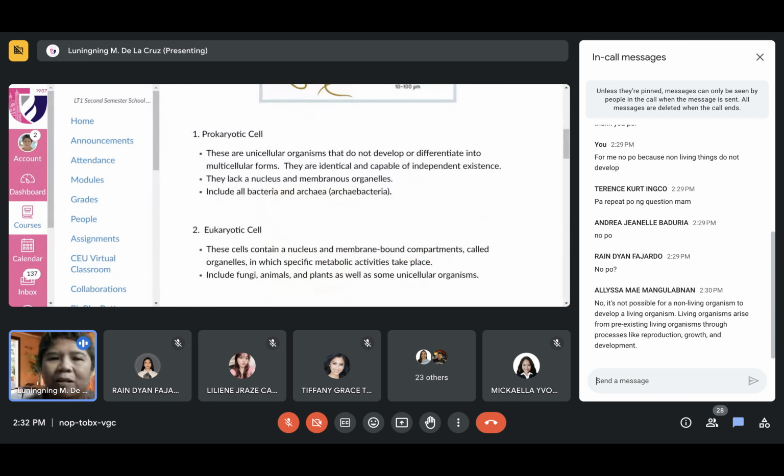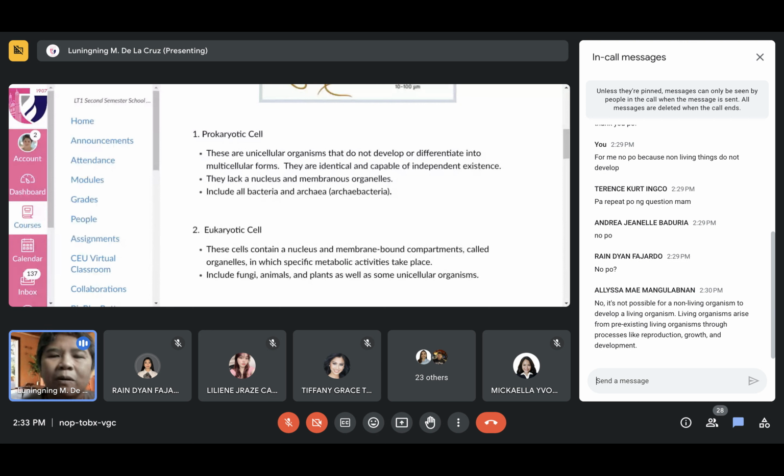So these are the characteristics of a prokaryotic cell. They do not develop into multicellular form. So they are always unicellular and they are identical and capable of independent existence. They lack a nucleus and membranous organelles.